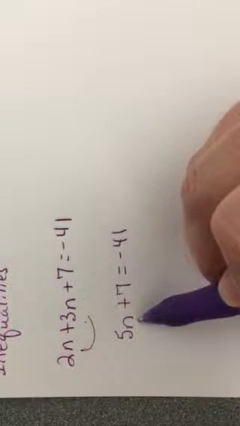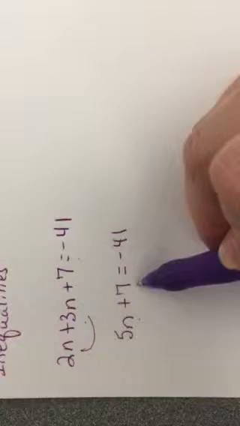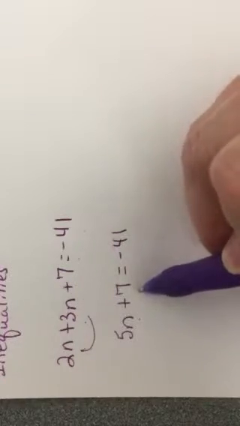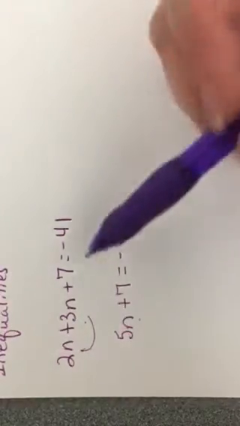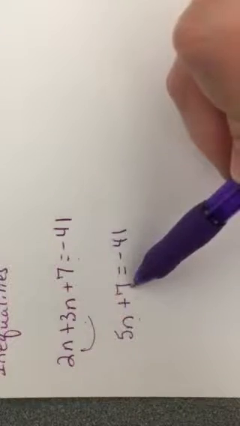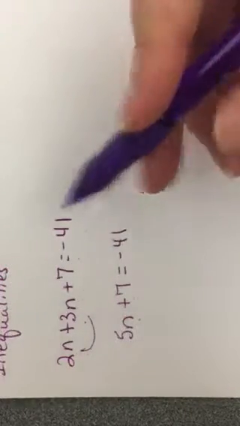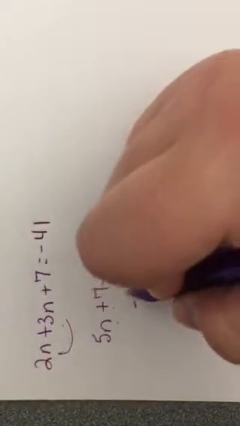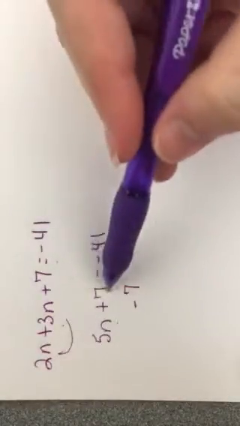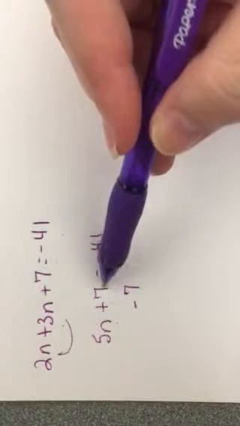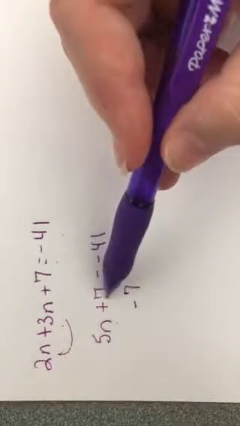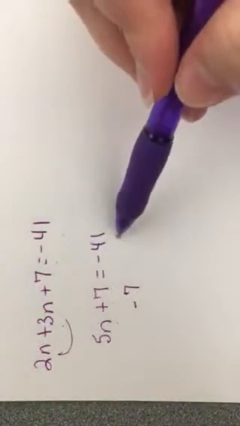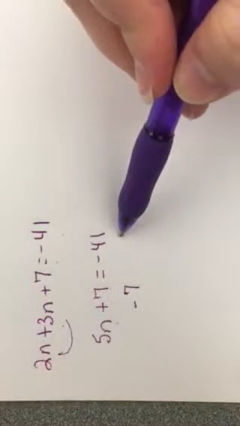All right, so the next thing is I'm still trying to get this n by itself. So I need to subtract the 7. We subtract the 7 because by the rules of algebra, you do the opposite operation of what's there. You're undoing what's done. Subtracting 7 from positive 7 gives us 0 here, and over here we're going to do the exact same operation.